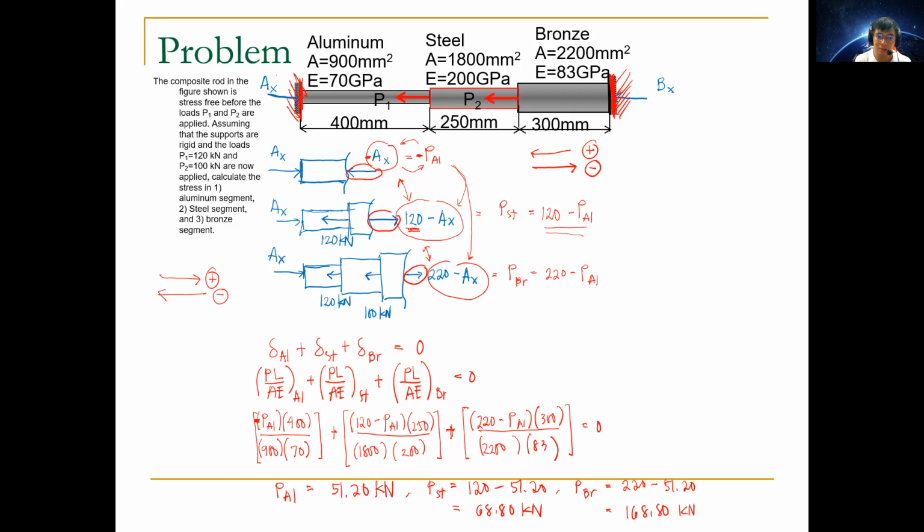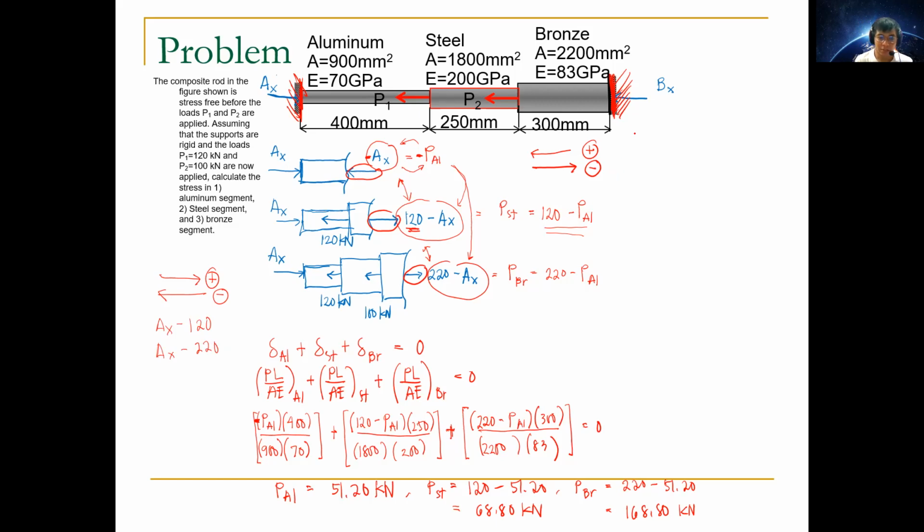So instead of this one being 120 minus AX, it probably becomes AX minus 120. The other one is AX minus 220, if you try to revert the signages. So right positive, left negative.